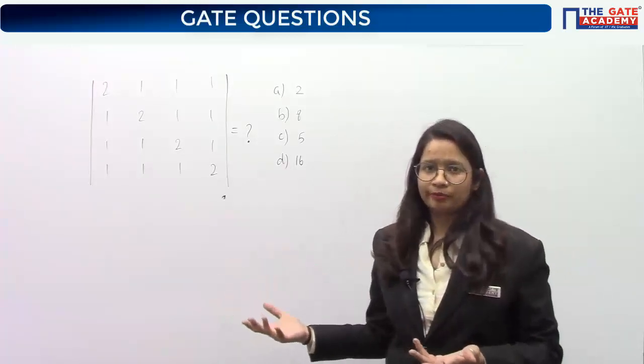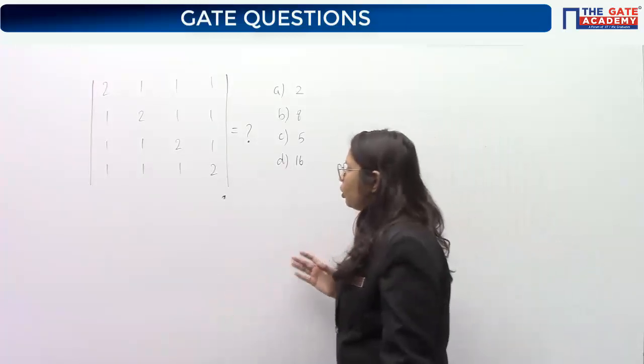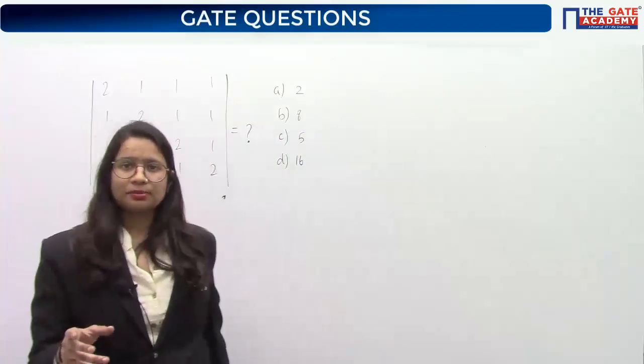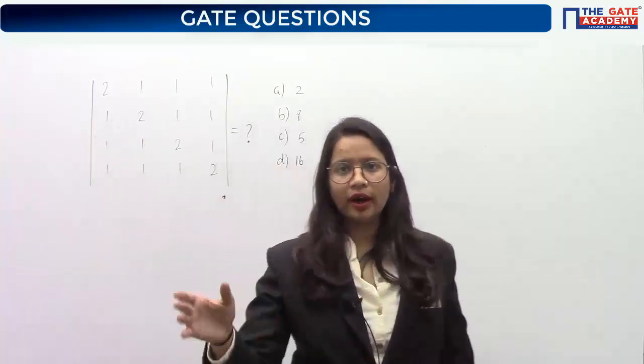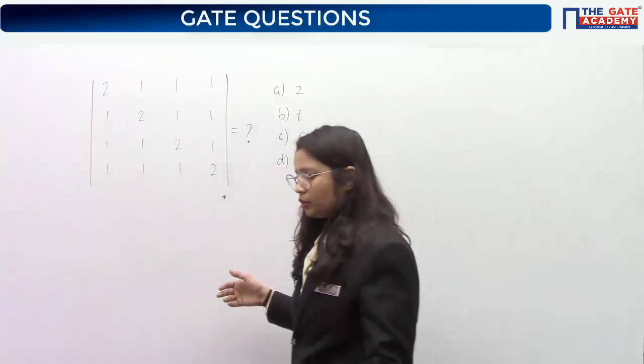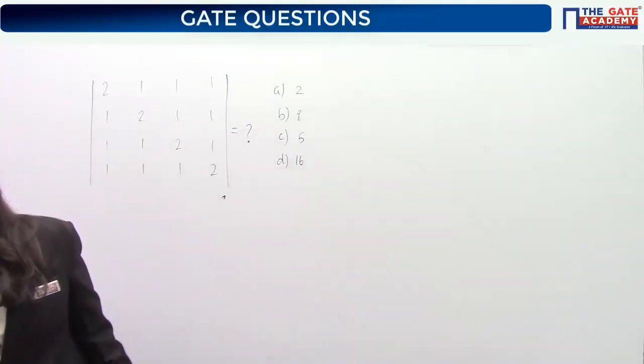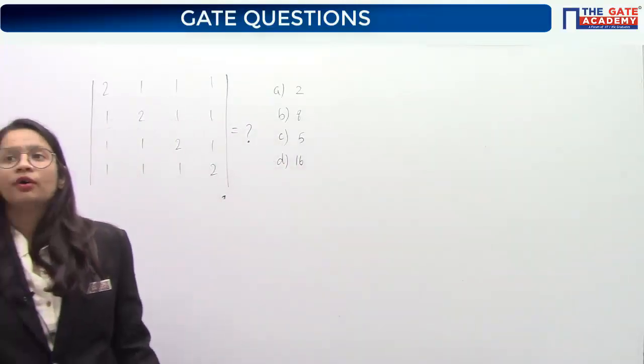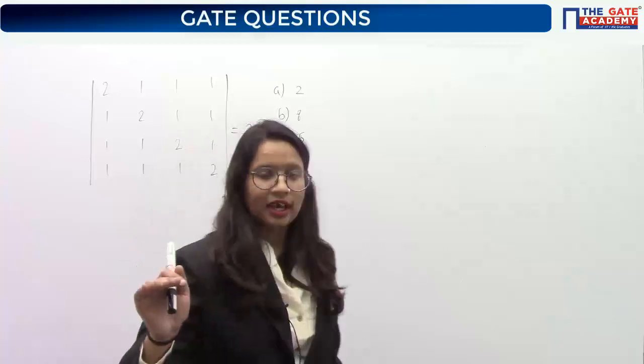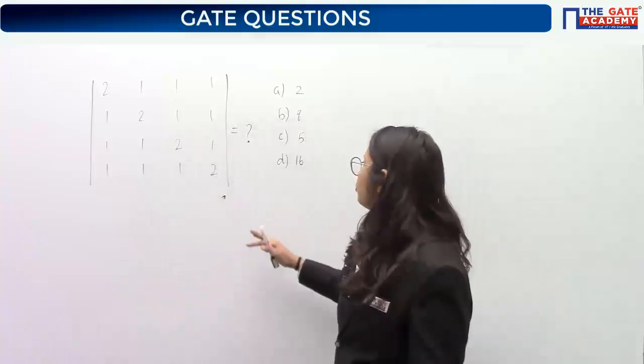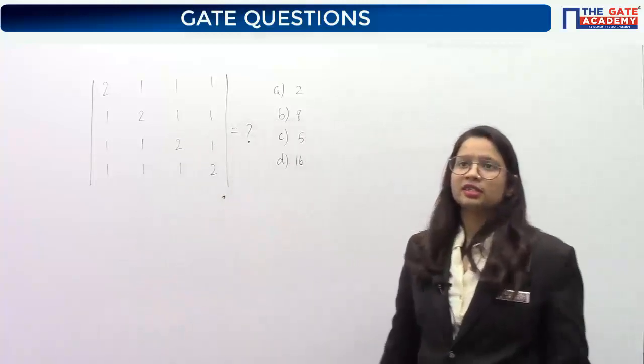Understood my point or not? This property is actually not required. Ignore all the four lines, and the question is simply to find the determinant of this matrix.